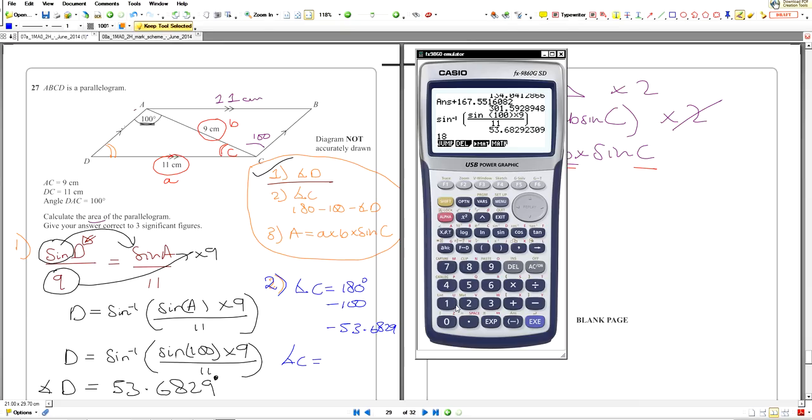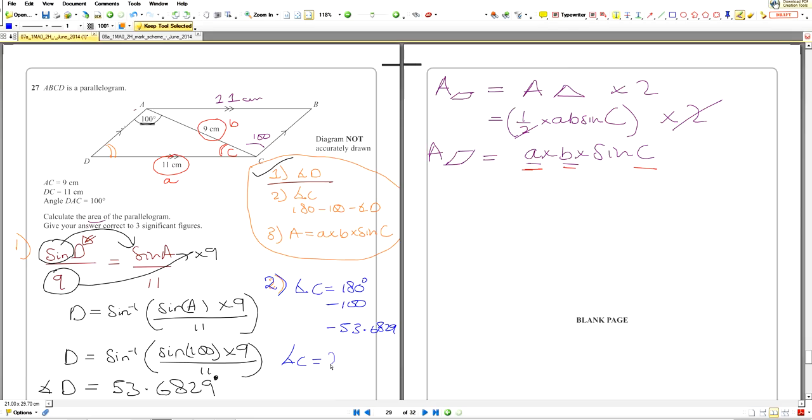So 180 take away 100, which is 80, minus the answer of the previous question, and let's see what that gives us. So we now get an answer of 26.31707.